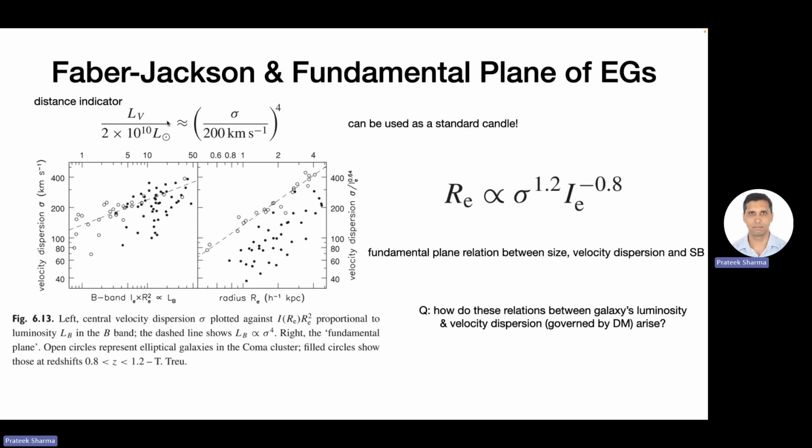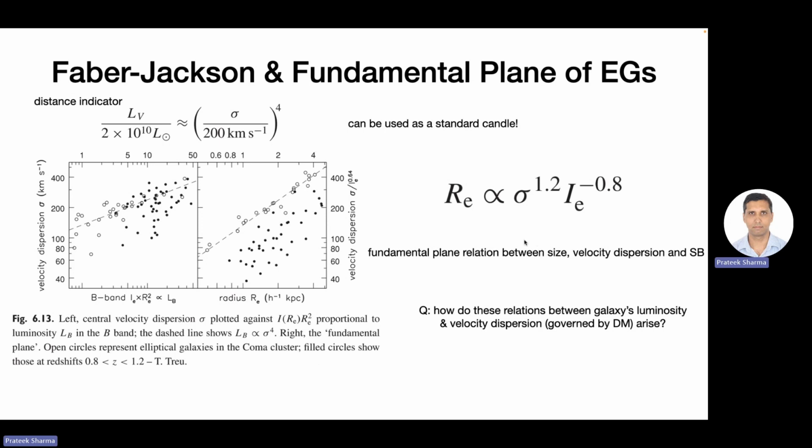Now it turns out you can make this relation tighter, and it looks like this is a projection of a tighter relation in a space containing sigma, the surface brightness within the effective radius, and the effective radius. Effective radius is the radius within which half the light of a galaxy is contained.